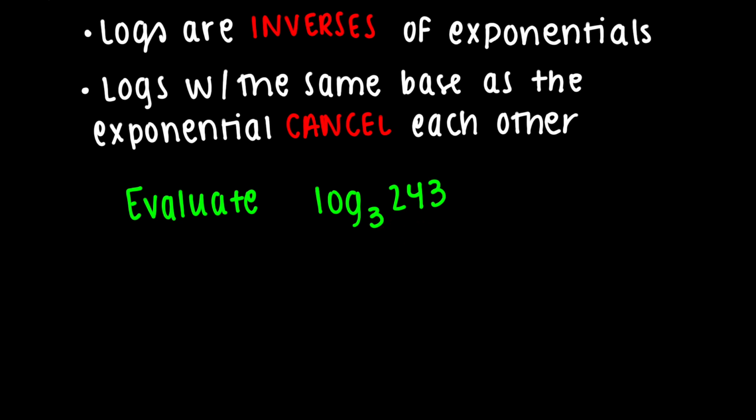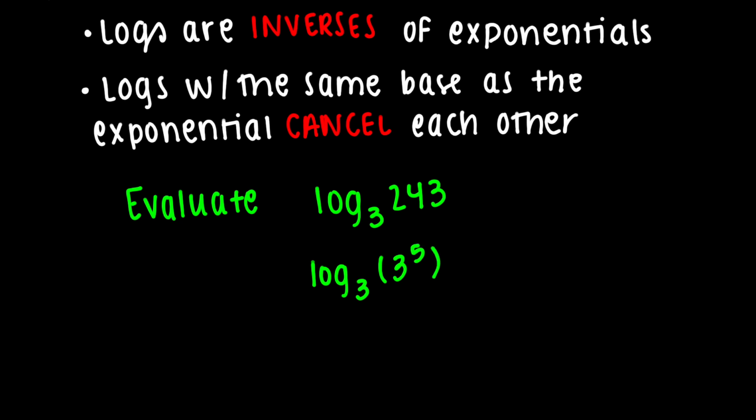So this goes back to your exponentials. We made that chart, but here you have to be able to figure out what it is. So if you have to, you just start guessing and checking. You go 3 to the 1st, 3 squared, 3 cubed, 3 to the 4th, all of that until you get to 243. When you do that, you end up with log base 3, and I learned that 243 is the same thing as 3 to the 5th.